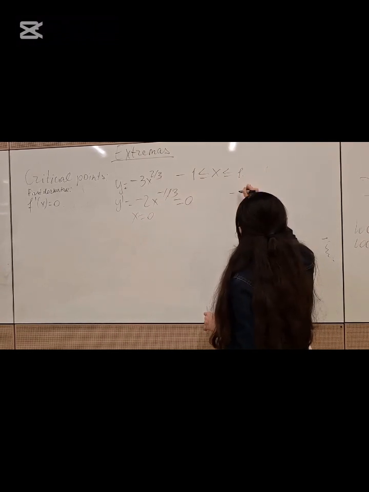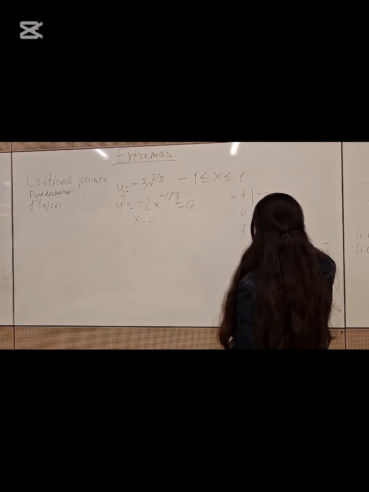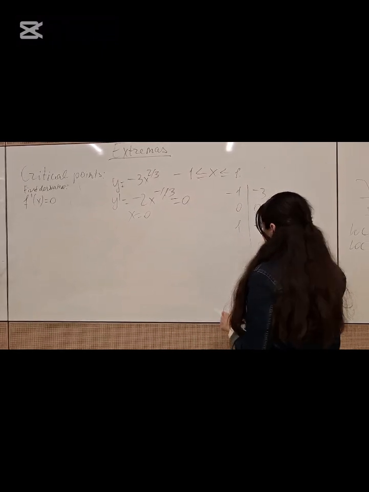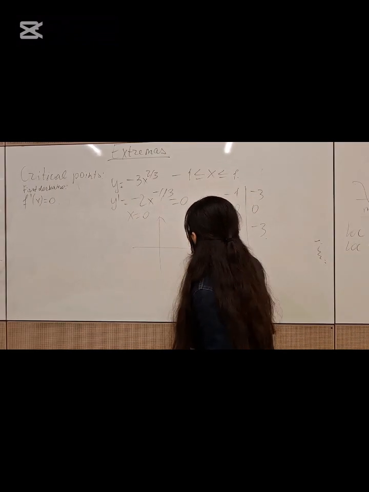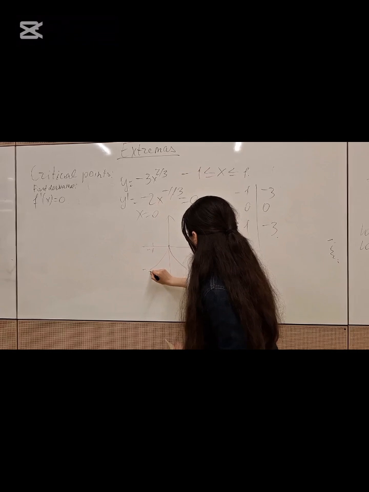Let's write a table: -1, 0, 1, and -3, 0, and -3. And let's approximate how the graph looks. It's something like that.